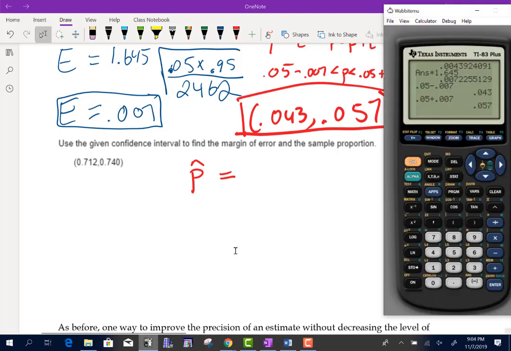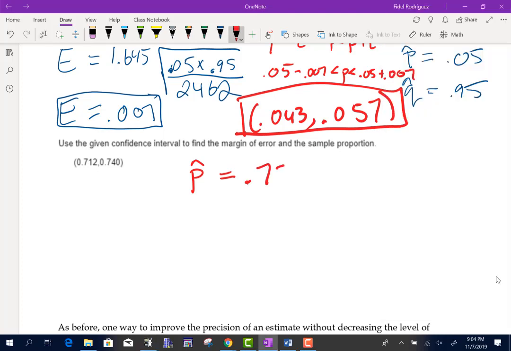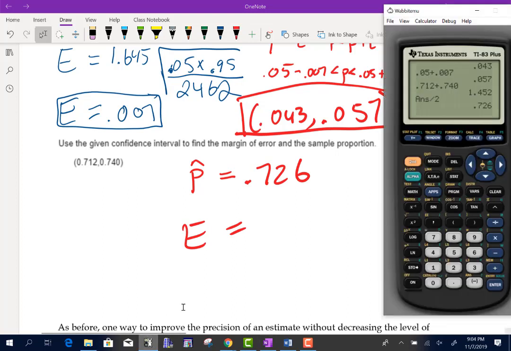Okay, Adam and Eve. Let's see. Come back over here. So I'm going to clear that out. I'm going to go 0.712 plus 0.740 and divided by 2. 0.726. Okay. And then now we wanted to find our error. What do we do, guys? Subtract one of them, right?